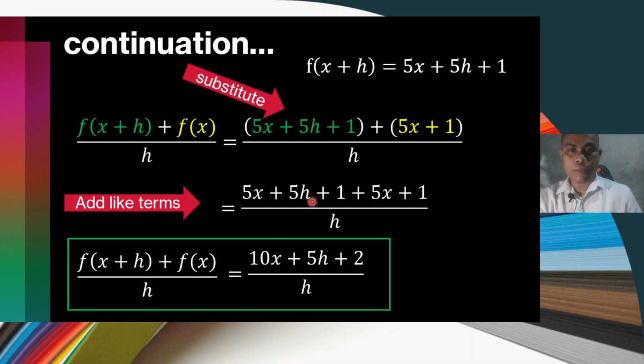The 5h has no like term here, so just copy it. Then, we have two constants, both 1, so add them, which is positive 2. Then, copy all over h. And our final answer is, the difference quotient equals 10x plus 5h plus 2, all over h.